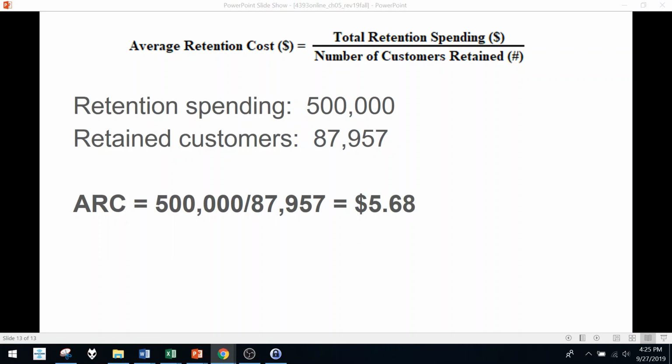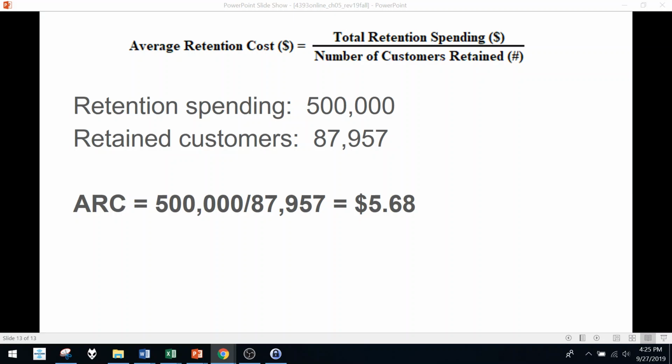So we could also calculate the average acquisition cost as well and compare the two numbers. I don't have a slide for it, but basically in this situation, we spent 1.4 million on prospecting. We earned 64,800 new customers from our prospecting or acquisition efforts.